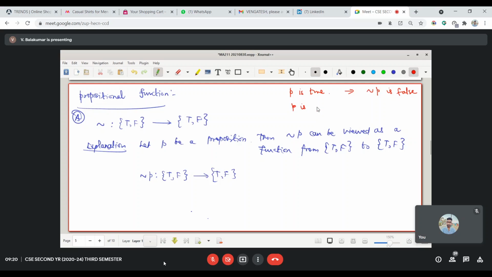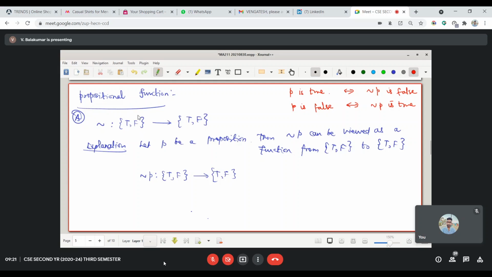If P is false, this implies negation of P is true. Not only this, it also holds in this way, because for P and negation of P, for any proposition, only one of them is true and the other one is false. That's what I have written here.